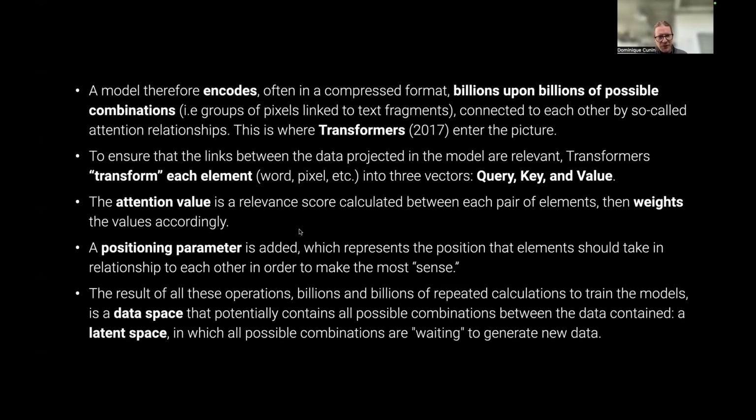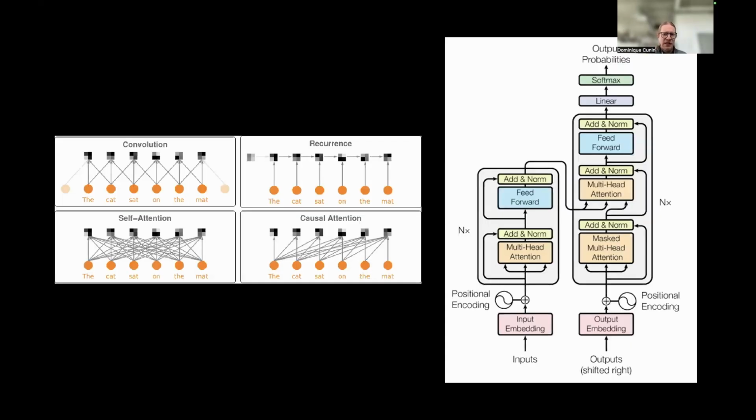And the positioning parameter is giving, we could say, the maximum distance, and reorganizes how the parameters are inside the network. So what is produced is a data space, which is called latent space, in which all the possible combinations are waiting to generate new data. So it's about the training I'm speaking of here.